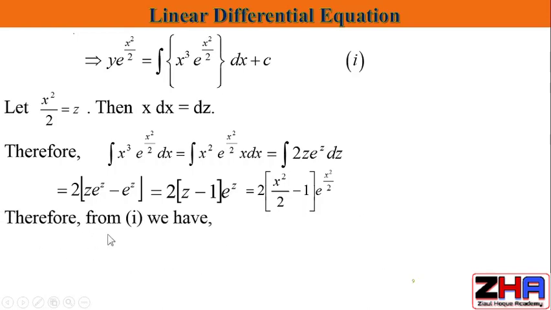Therefore, from equation 1 we have y into e raised to the power x square by 2 is equal to 2 times (x square by 2 minus 1) into e raised to the power x square by 2, because this integration is equal to this value.